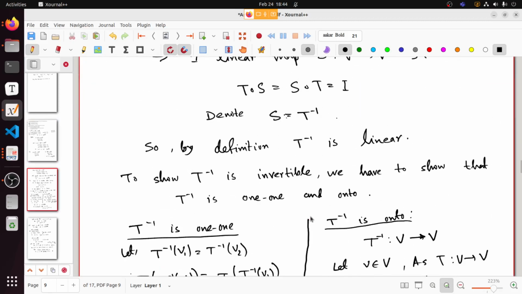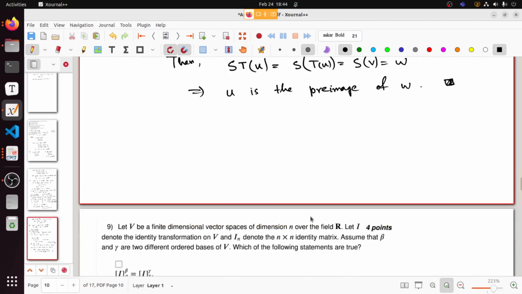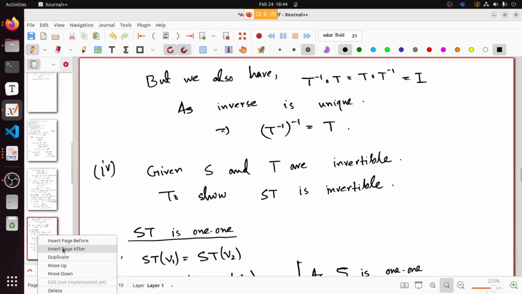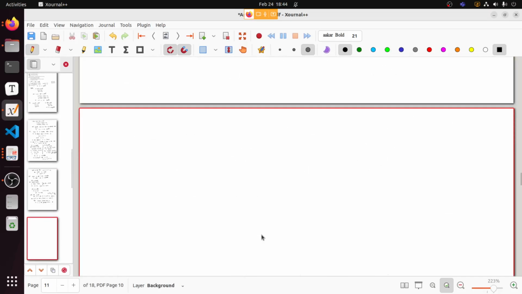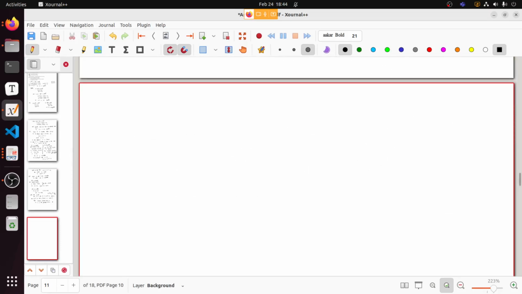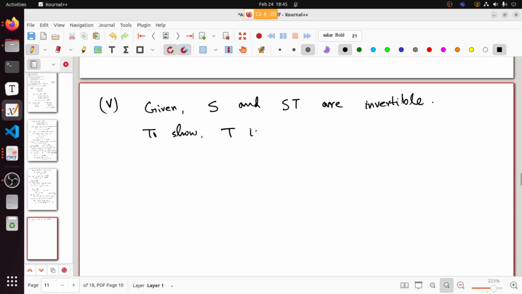S and ST are invertible, given. We have to show T is invertible.